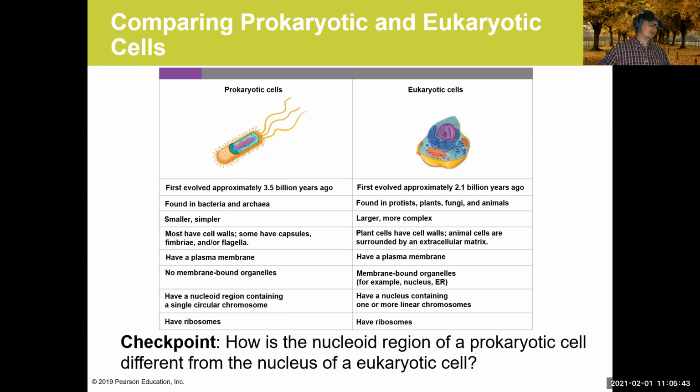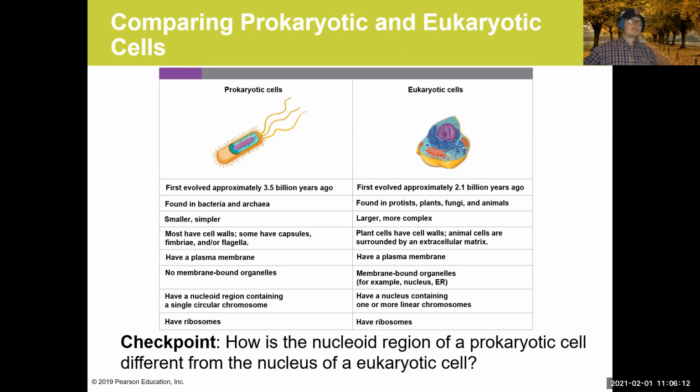A lot of these cells will have cell walls, which are a protective structural component for the cell. Some will have capsids or capsules that surround those prokaryotic cells, and other movement structures, like cilia or flagella. There are no membrane-bound organelles in prokaryotic cells, and that's one big component.